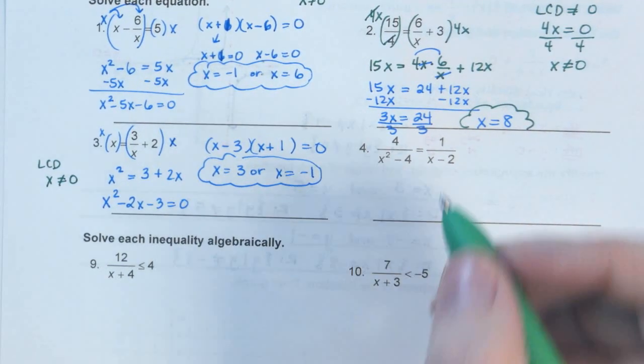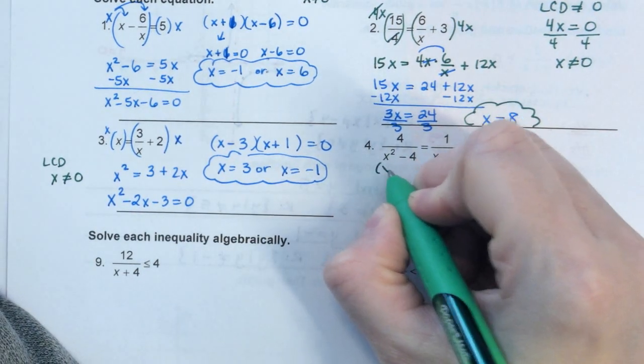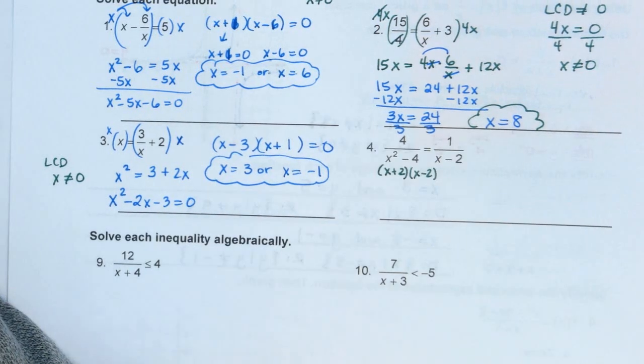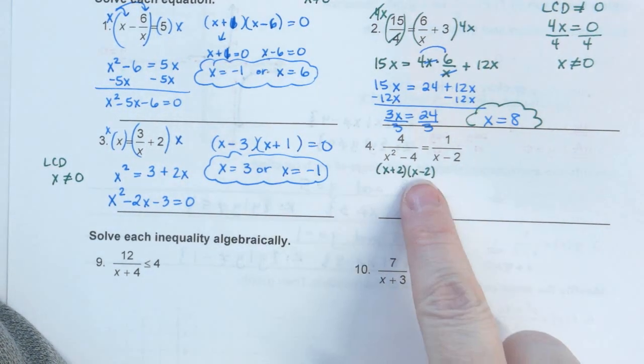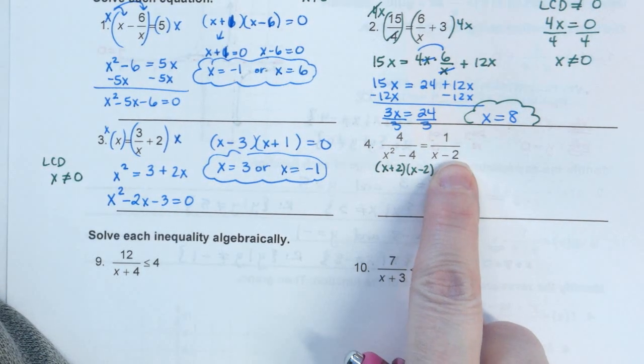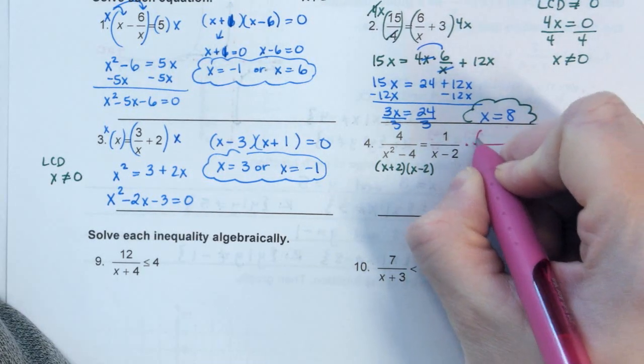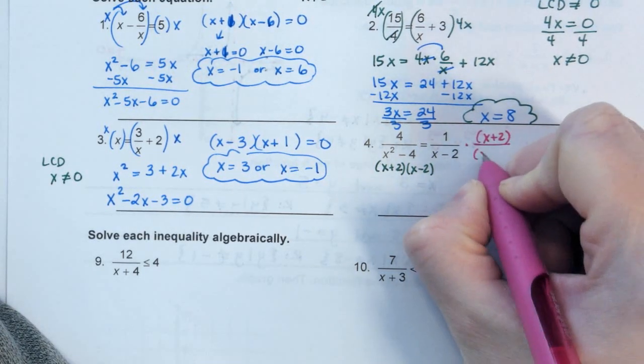Alright, number 4, you have to factor this first. This is the difference of two squares. So x plus 2 times x minus 2 is the denominator here. What do I have to multiply this by to get the same denominator? Okay, x plus 2 over itself.